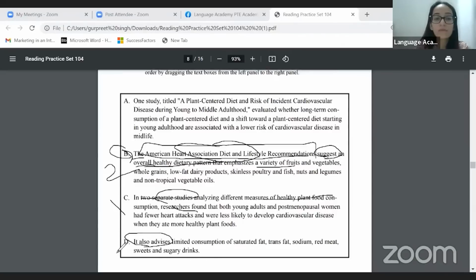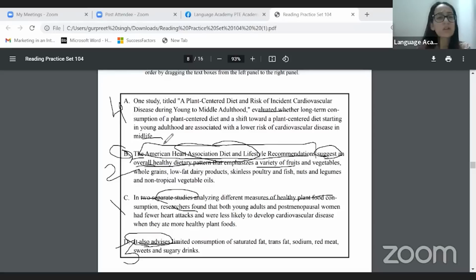It also advises, meaning this organization also gives this suggestion. So first suggestion and second suggestion. And then you are particularly explaining one study. One study titled this evaluated whether a long-term consumption of a plant-centered diet and a shift towards a plant-centered diet starting in young adulthood are associated with a lower risk of cardiovascular disease in midlife.